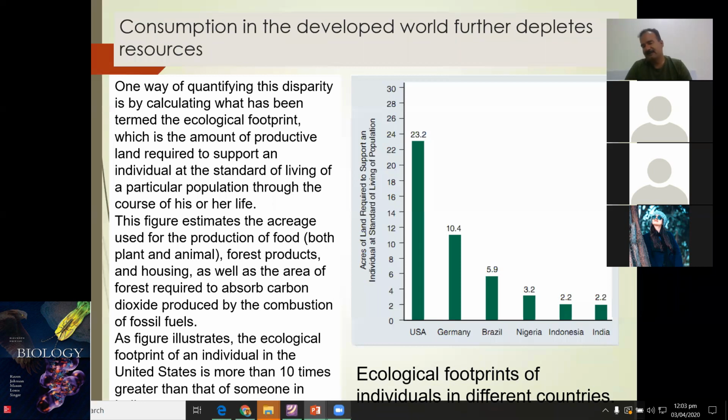Similarly, if we compare the ecological footprint of United States and India, you can observe there is 10 times more resource utilization in the United States. People there are utilizing more and more resources.